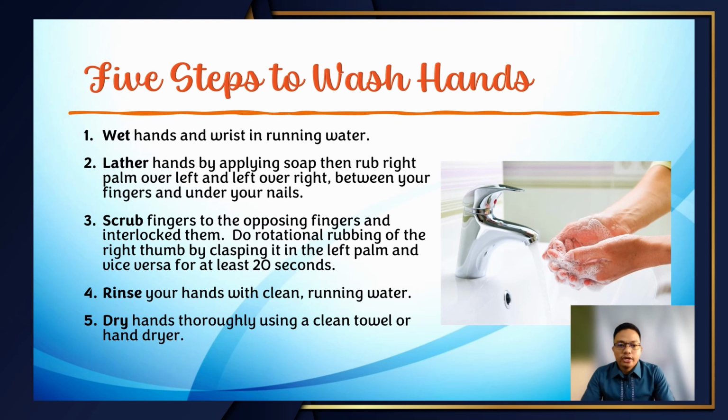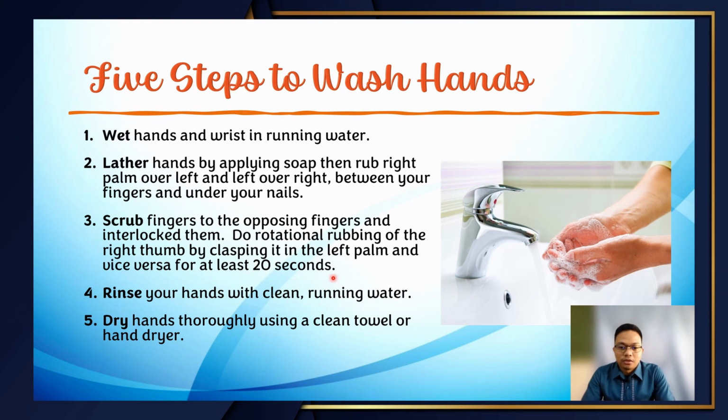We have here 5 steps to wash our hands. First, wet hands and wrists in running water. Second, lather hands by applying soap, then rub right palm over left and left over right, between your fingers and under your nails. Third, scrub fingers to the opposing fingers and interlock them.